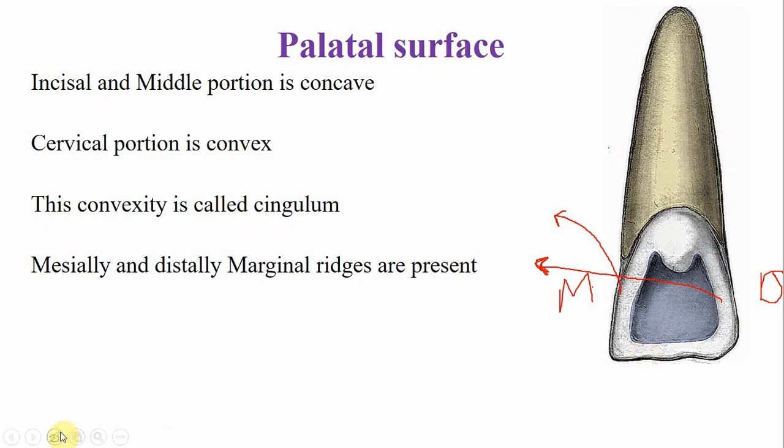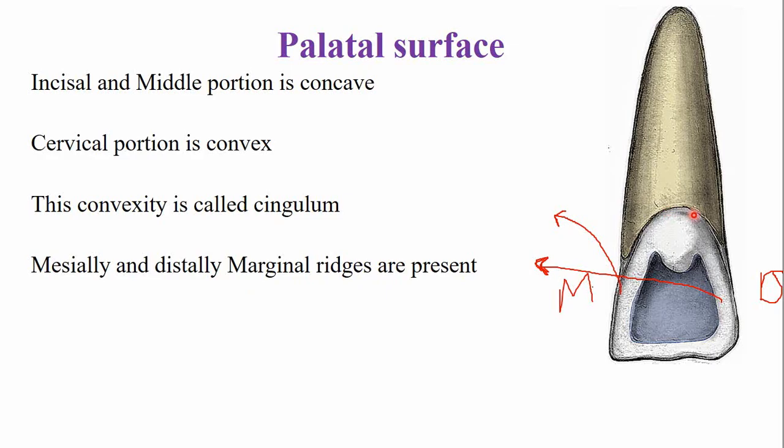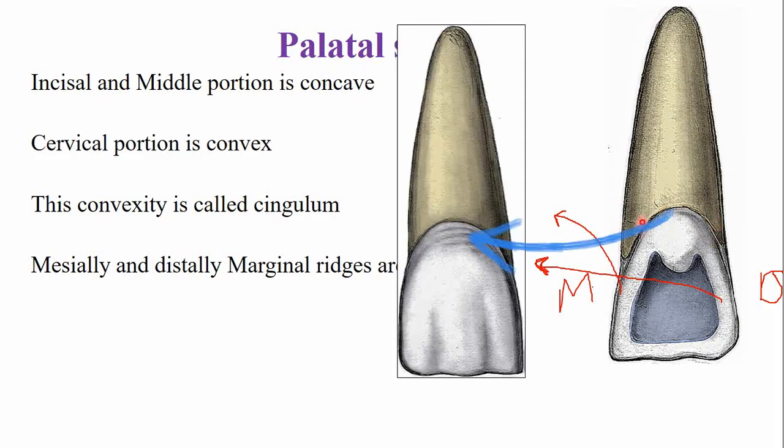This is the cervical outline or the cervical line, and it has slightly greater convexity, or slightly greater curvature, if you compare it with the cervical line of the same central incisor from the labial aspect.